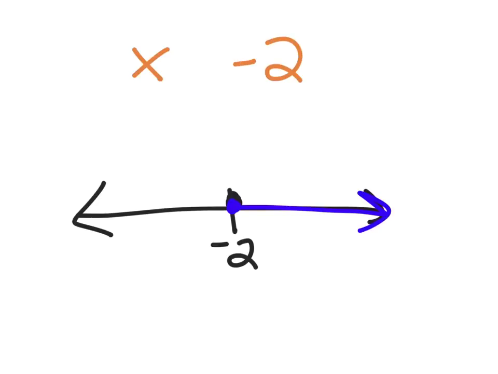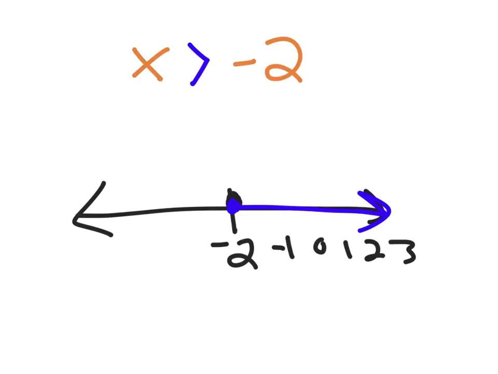We're dealing with -2. We just need to decide what kind of sign should go in between. So, we know that the numbers to the right of -2 are going to be greater: -1, 0, 1, 2, 3, and so on. Okay, and those are the ones that are shaded. So x is going to be greater than -2.